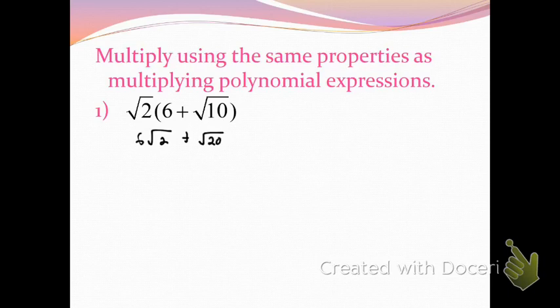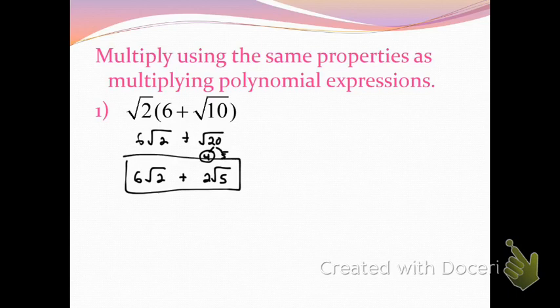Everybody comfortable with that? But then we can look and see, can we break down the 20? That's 4 times 5, and I'm going to circle the 5 because square root of 4 is 2. So now I have 6 square root of 2 plus 2 square root of 5. These are not like radicals, so I can't combine them. That's all I can do.